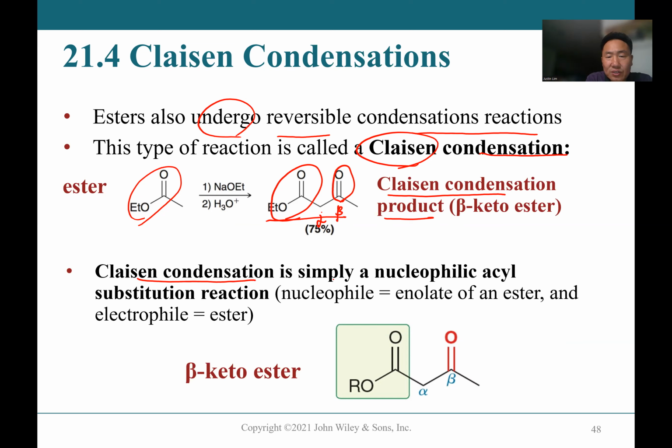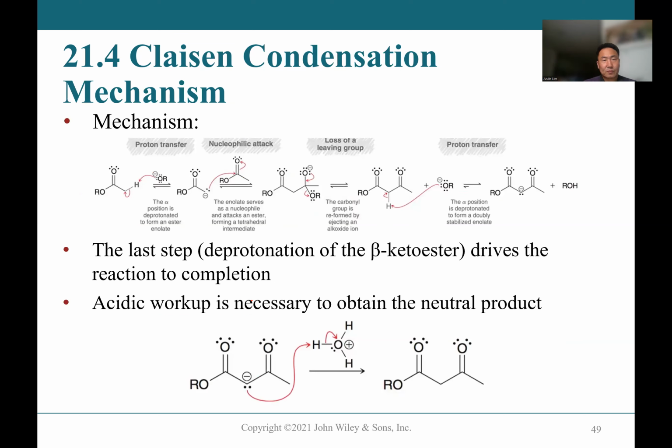Claisen condensation is simply a nucleophilic acyl substitution reaction. The nucleophile is the enolate of the ester. The electrophile is the ester. When you look over the mechanism: the proton transfer step, nucleophilic attack on carbonyl carbon, loss of leaving group.